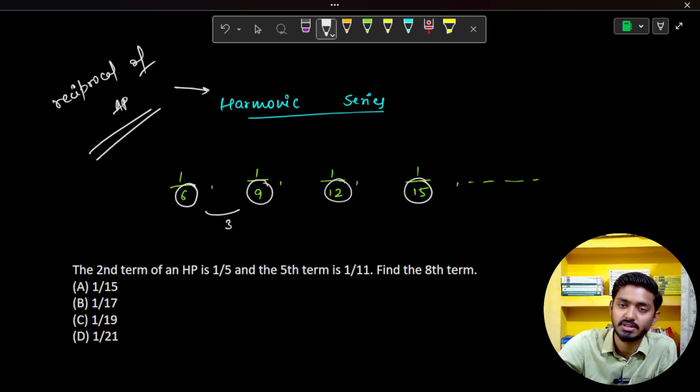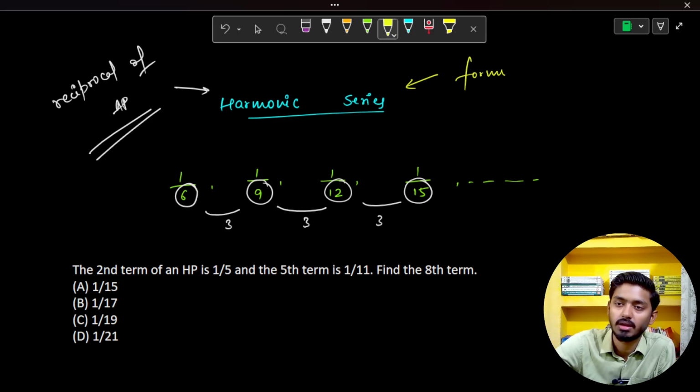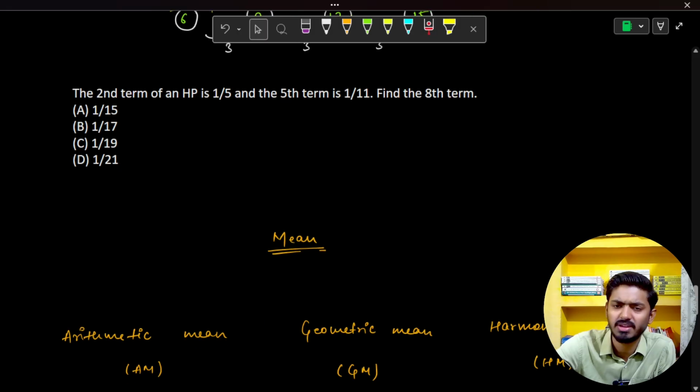The difference between them is 3. It is just that you have taken reciprocals of them. Instead of writing 6, you wrote 1 by 6. Instead of writing 9, you wrote 1 by 9. So all the formulas which used to be applied to AP would be applied to harmonic series as well. Let's see. Very basic question, I'd say.